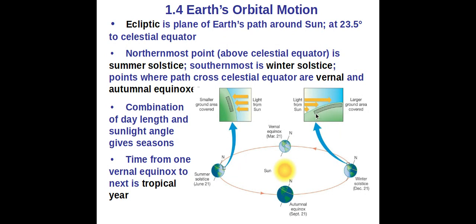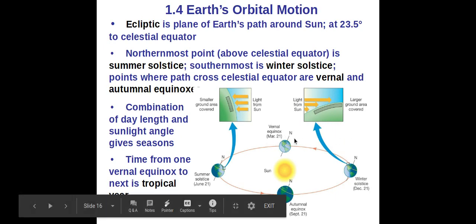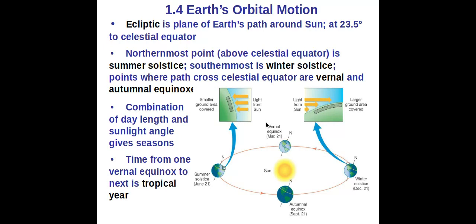And what that does is spread the same amount of energy over a larger area. So you get less watts per square meter, therefore less heating. That accounts for the reason why we are colder in the winter and warmer during the summer, because we have less watts per square meter hitting us.